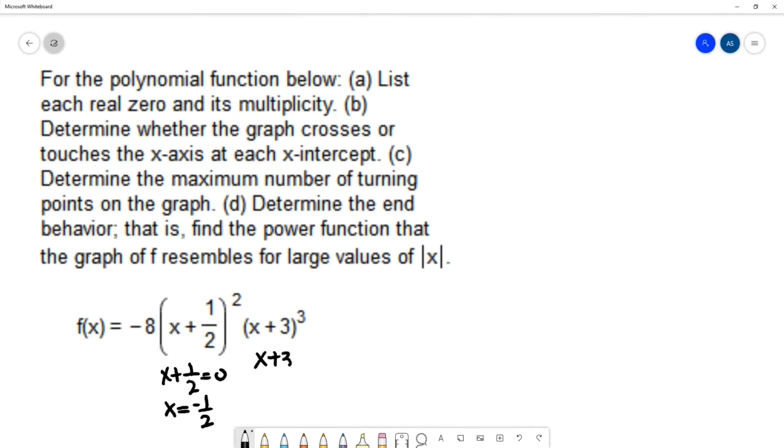We'll take this other factor of x plus 3, set it equal to 0, and solve. And we have real zeros, which are x-intercepts, of -1/2 and -3. So our zeros are -1/2 and -3.